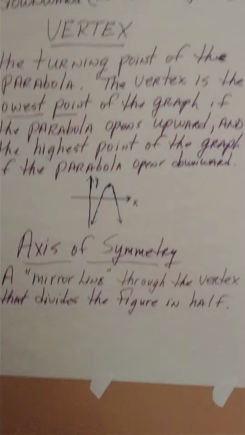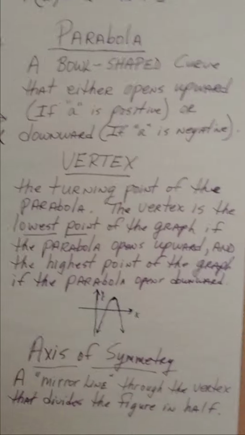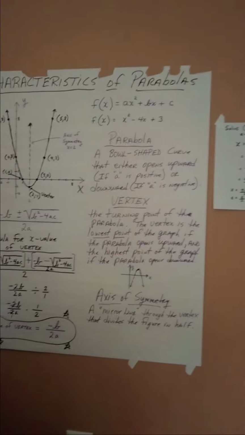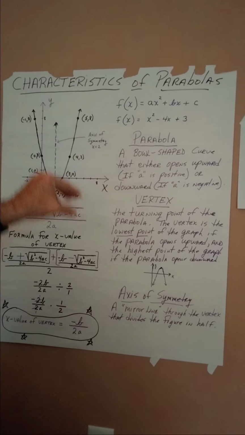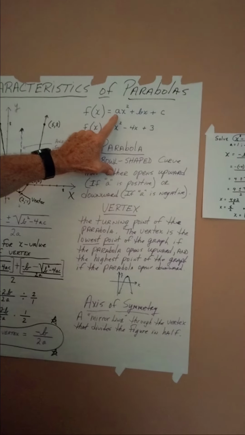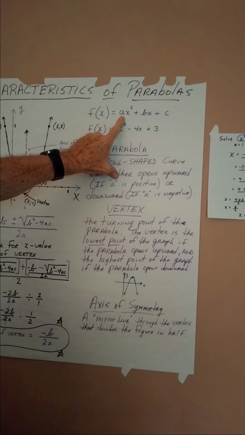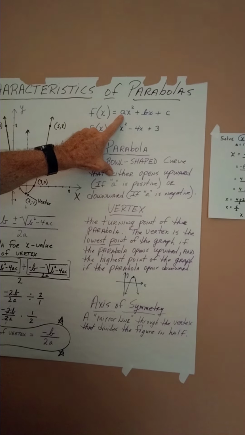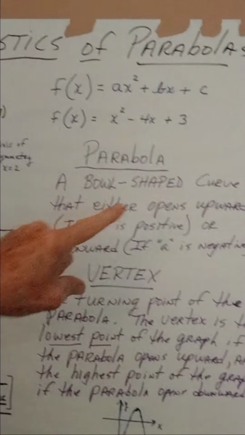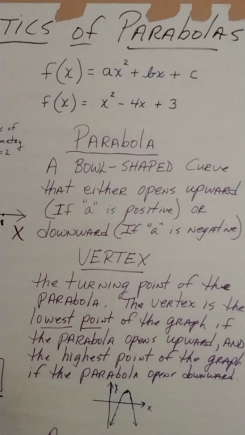Now, how it opens is based on fact number one that you're going to need to make sure that you memorize and that you know. How the parabola opens, either upward or downward, is based on the coefficient of the quadratic term, the variable a. The parabola will open upward if a is positive.